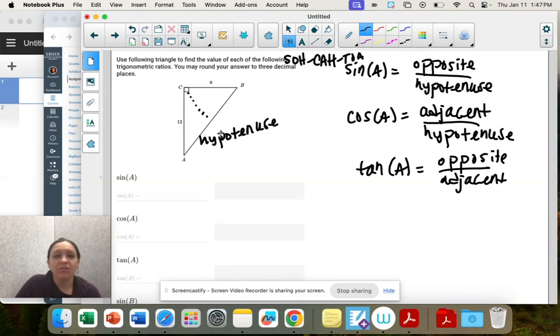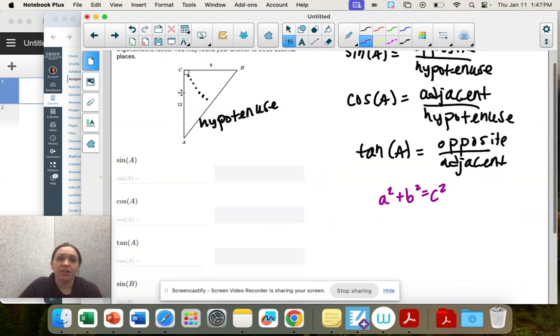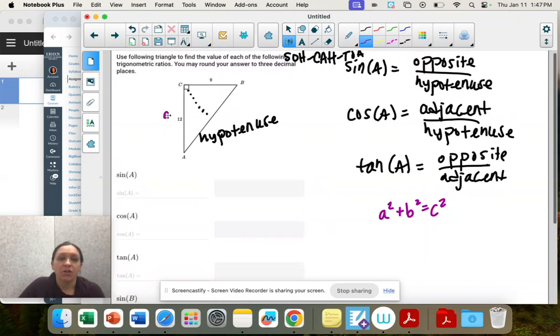We have to solve for it using, what else do we know about right triangles? There's a theorem. A squared plus b squared equals c squared. So we actually have to solve for the hypotenuse. Our legs, or those two sides that make the right angle, those are a and b. So let's do this. 12 squared plus 9 squared, and then c is always the hypotenuse.